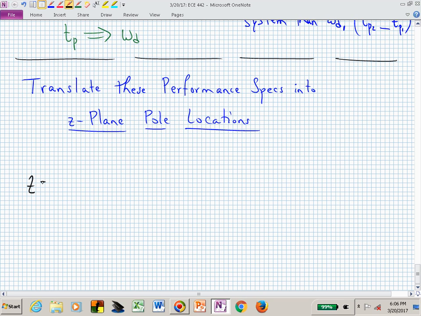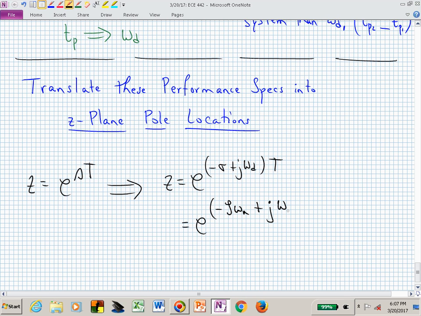If we parameterize s in terms of the damping ratio and the natural frequency, z is equal to e to the (minus sigma plus j omega sub d) times t, where sigma is zeta omega sub n, and omega sub d is omega sub n square root of 1 minus zeta squared, the damped frequency.